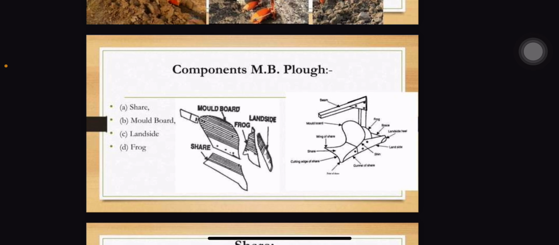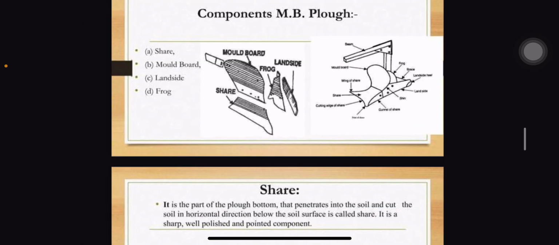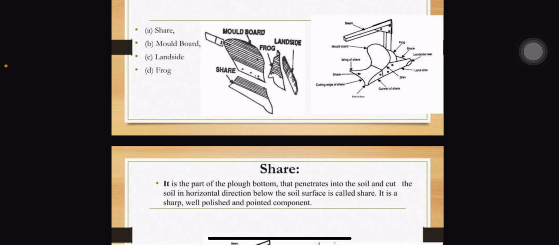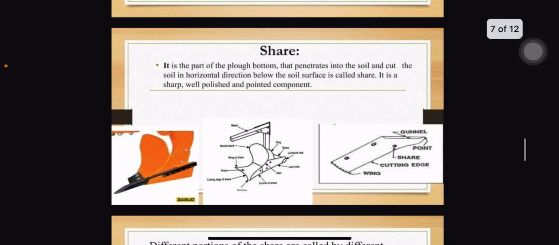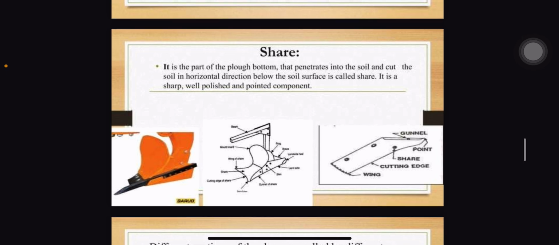But in case of the moldboard plough, the total waste or crop residues get completely buried under the soil. Next is the landslide. The landslide is mostly used for supporting the plough.